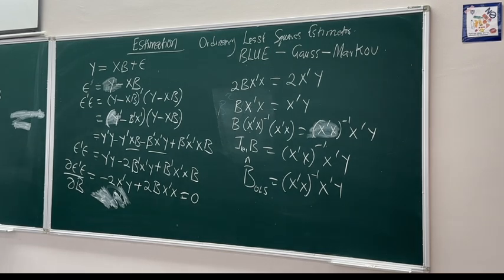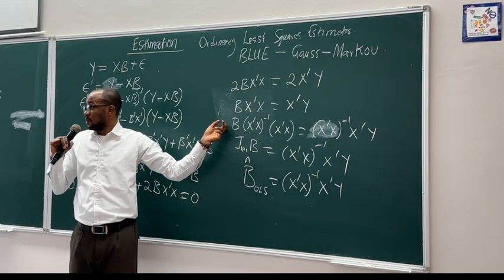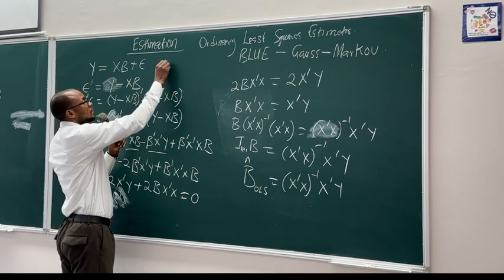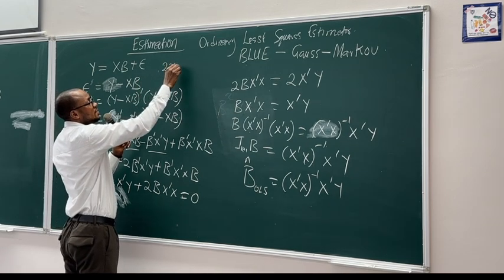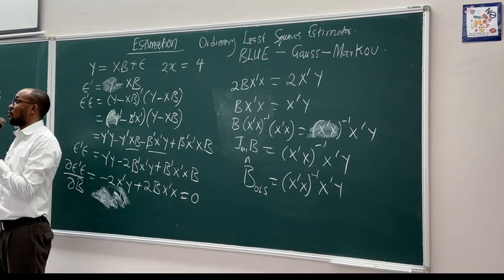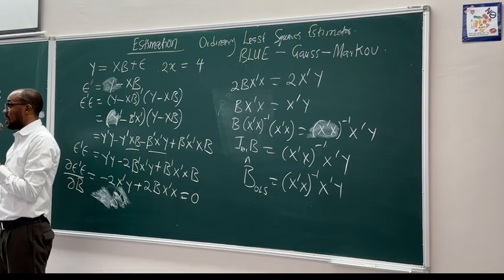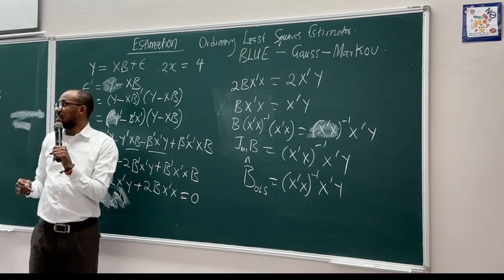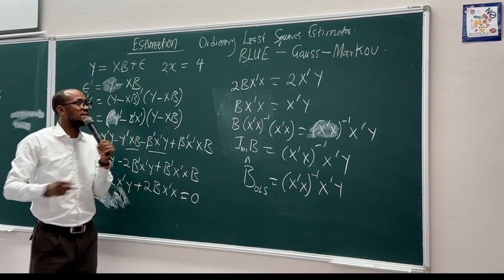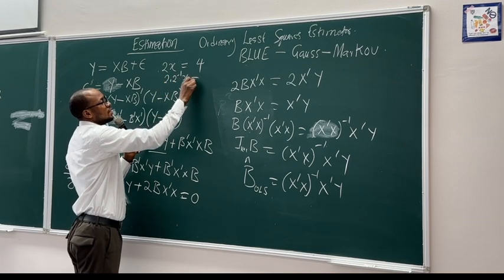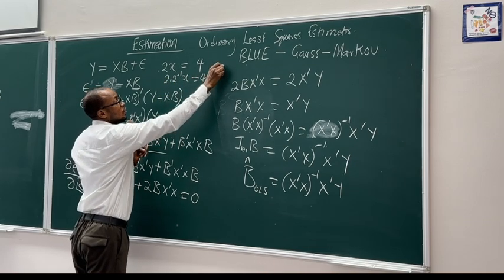We just multiply both sides. We're trying to ensure that B stands alone. You understand? It's like saying 2x is equal to 4, for example. I want to make x the subject of the formula, so x will stand alone. I can say multiply both sides by the inverse of 2. That makes sense, right? That means 2 inverse times 2x equals 4 times 2 inverse.